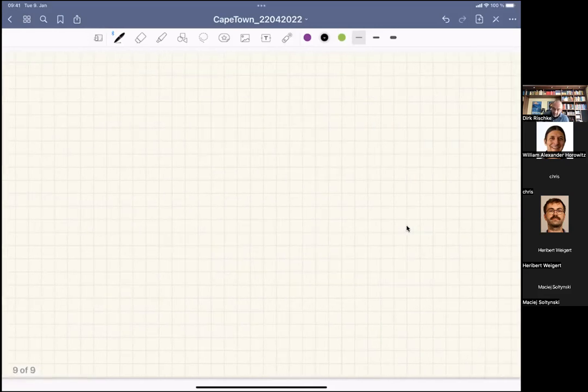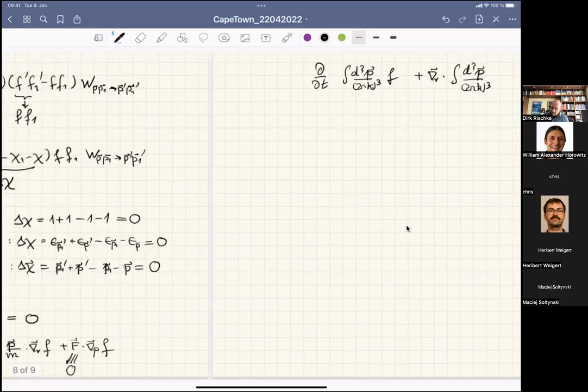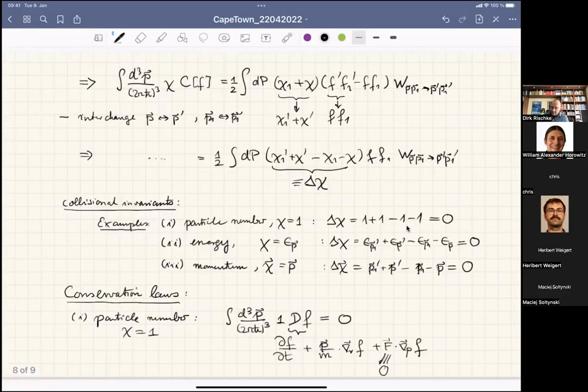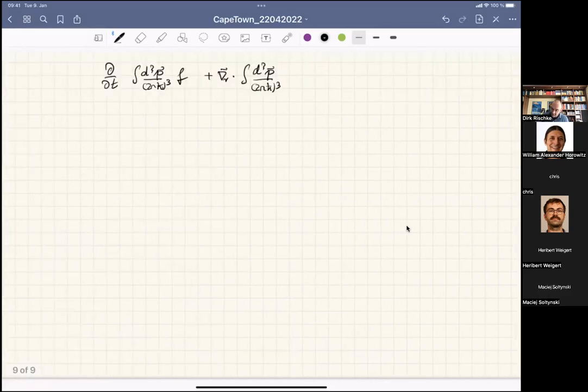So I would have d by dt of an integral 1 times f, and I would have a spatial gradient acting on an integral where you have, let's look again, velocity times f, equals 0. And this quantity we already introduced. This was the particle density.